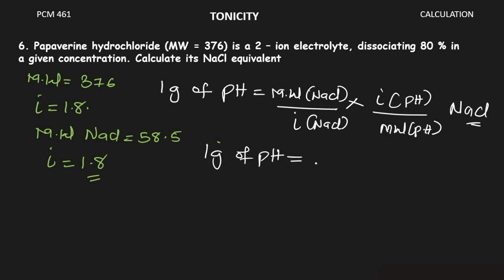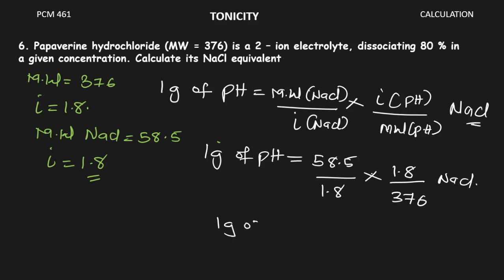So it will be 58.5 divided by 1.8, times 1.8, divided by 376. So what do you think this is going to give to us? 0.155. So 1 gram of papaverine hydrochloride is equal to 0.155 gram of sodium chloride.